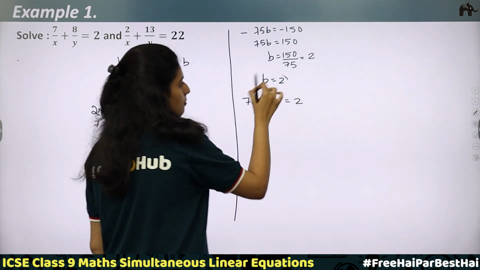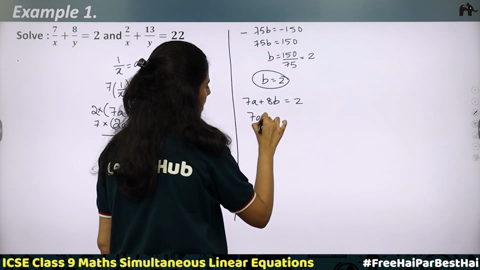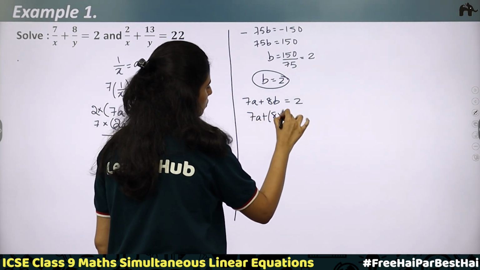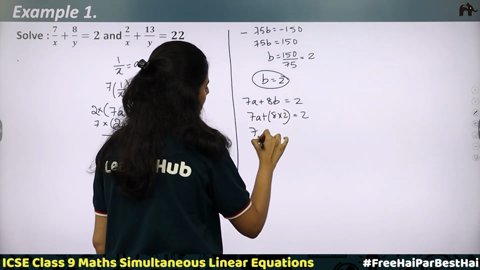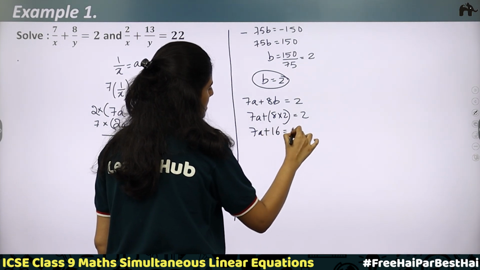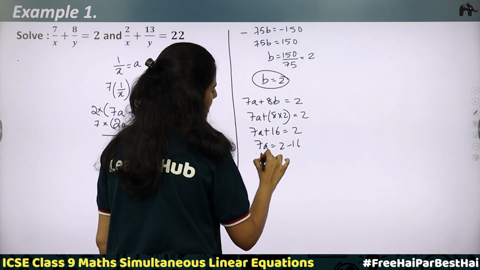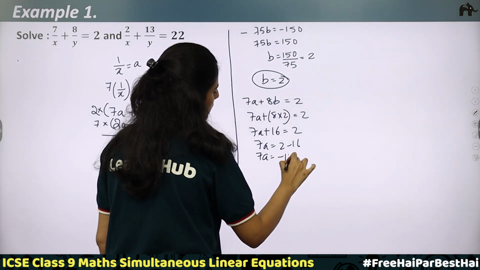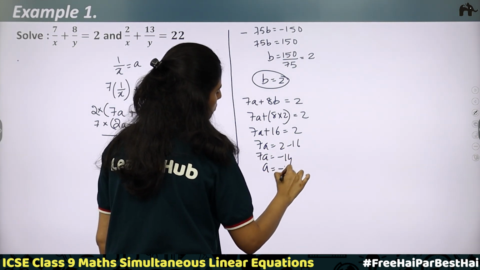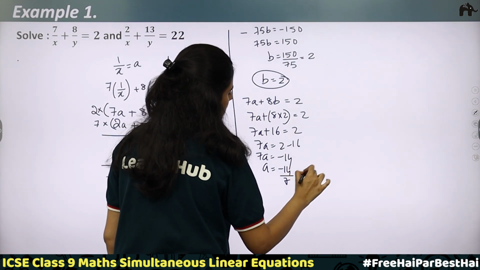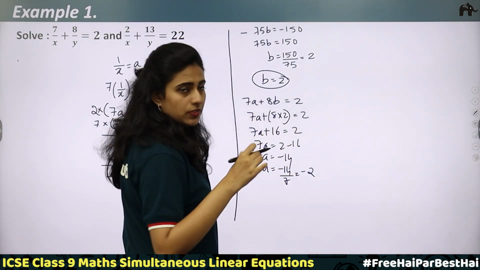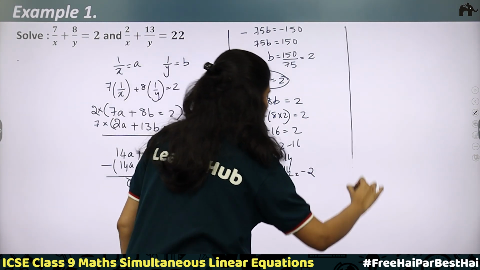We have the value of b, which is 2. 7a plus 8 into 2 is equal to 2. 7a plus 16 is equal to 2. 7a is equal to 2 minus 16. 7a is equal to minus 14 and a is equal to minus 14 by 7, which is equal to minus 2.